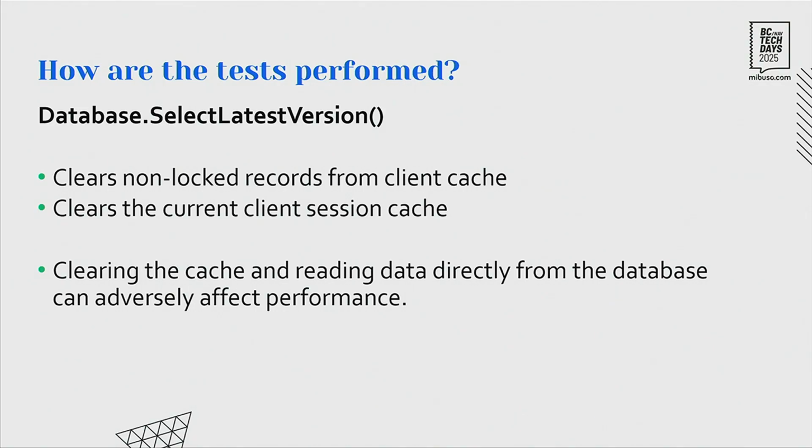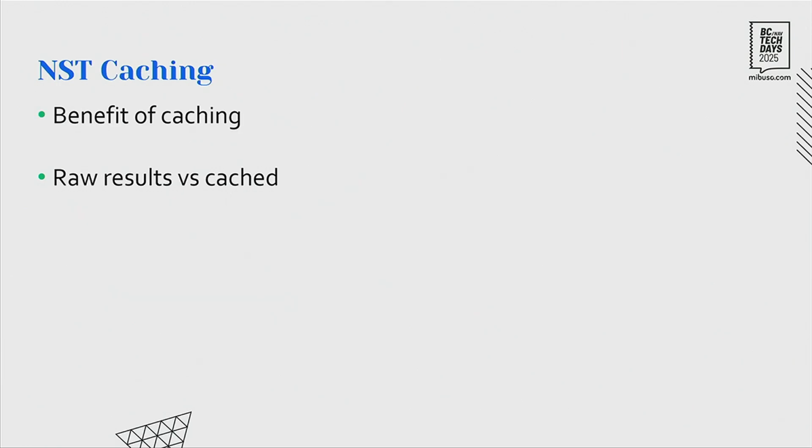So each time we call the database, we'll be getting the pure performance between Business Central and SQL. You shouldn't do that on your production environment, of course, or if you don't know what you are doing. In this case, we just need it for performance, so we'll be using that for this demo.